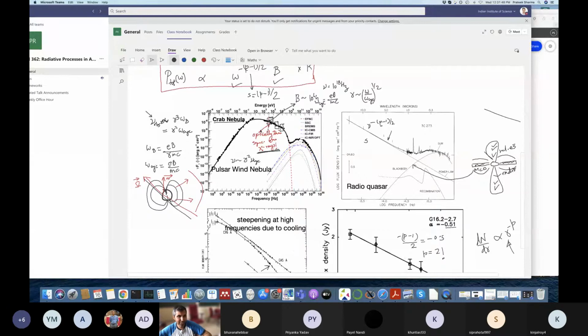If you have that case, then you can have synchrotron emission even at higher frequency rather than at radio. And the radio is self-absorbed, so this is optically thick.